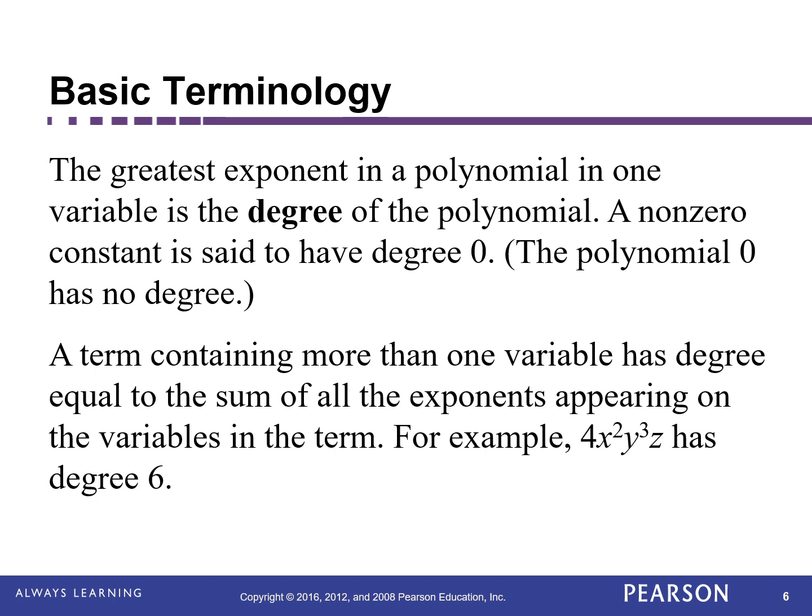For example, 4 times x squared times y to the third times z has a degree of 6, because that is the sum of the exponents appearing on all the variables in the term. So in this term here, z actually has a 1 exponent. So you're looking at 2 plus 3 plus 1, which is how we get a degree of 6.